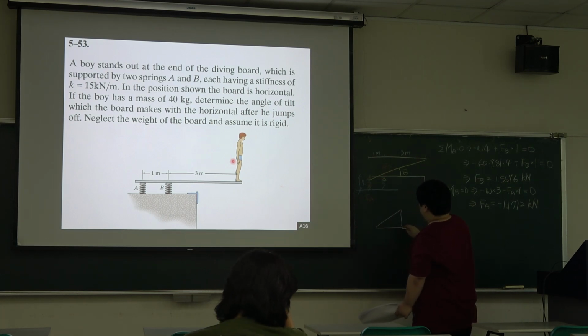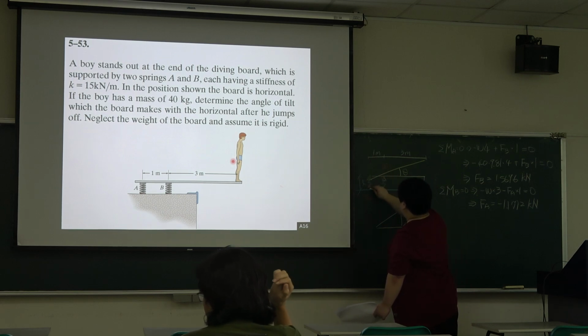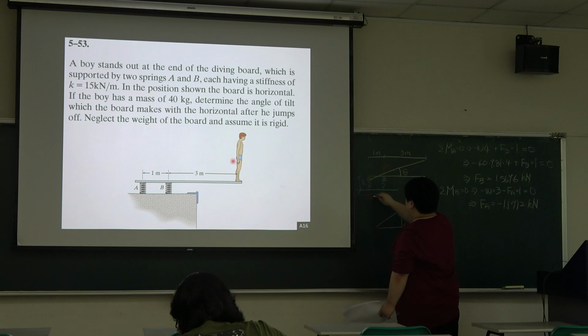We know the spring B length minus the spring A length, then we can get this part. And we have these two springs a distance of 1 meter apart. So we can use these two sides, then calculate theta.